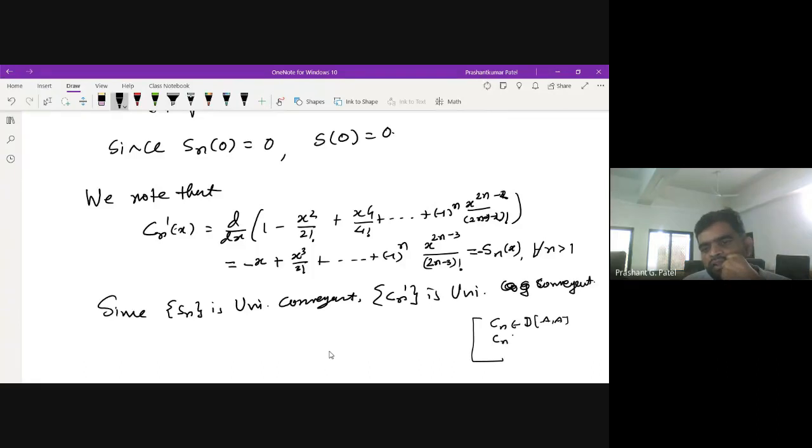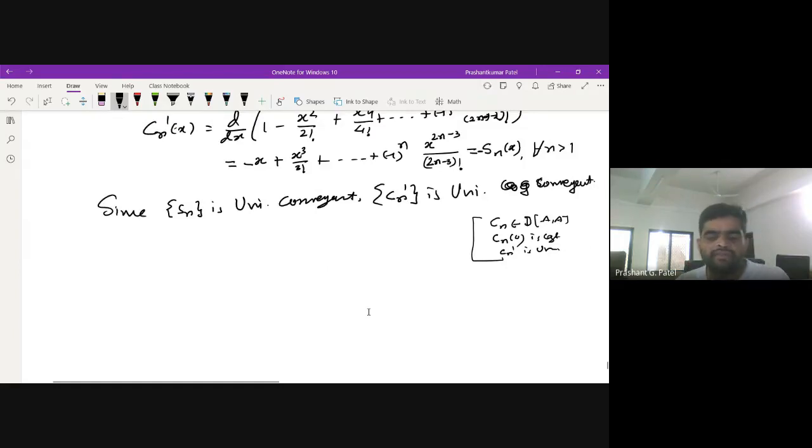Then Cn at some point, for example Cn at 0, we already proved that it is convergent, and Cn dash is uniformly convergent. So Cn satisfies all the conditions of term by term differentiation, or I can say interchanging the sign of limit and differentiation. That's why the limit function C of Cn is differentiable.